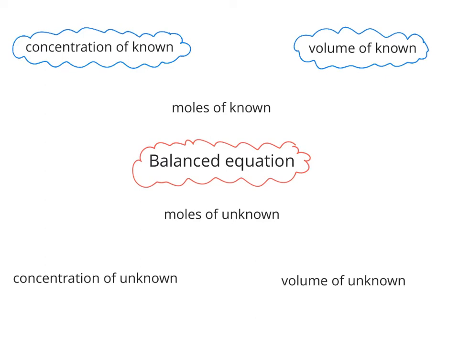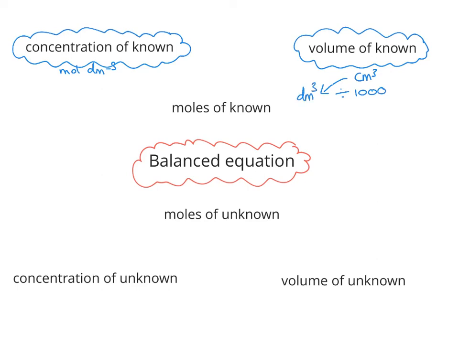And the norm is that concentration is given in moles per decimetre cubed, and that volume is actually given in centimetres cubed. So one of the steps that we needed to do was to turn centimetre cubed into decimetre cubed, and we do that by dividing by 1,000.